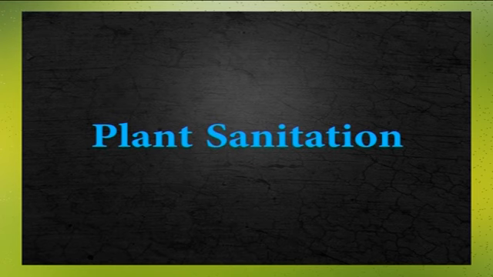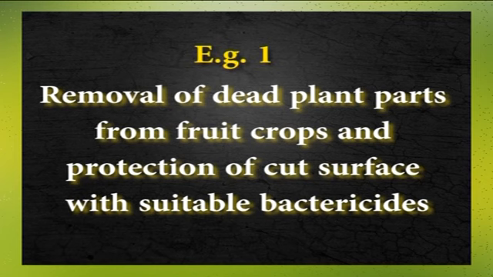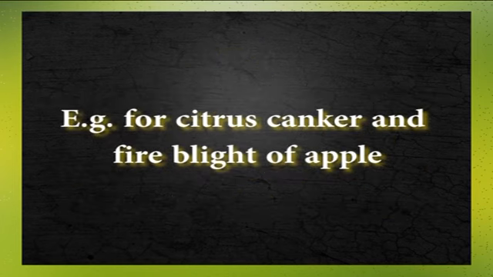The third principle is plant sanitation. These measures are adopted so as to avoid the disease onset and also to prevent spread. Example 1, removal of dead plant parts from fruit crops and protection of cut surface with suitable bactericides, for citrus canker and fire blight of apple.